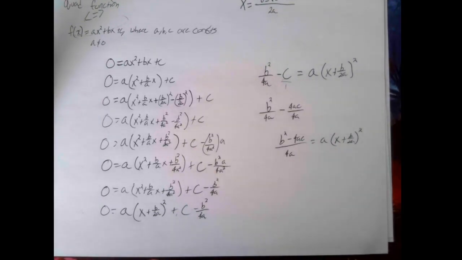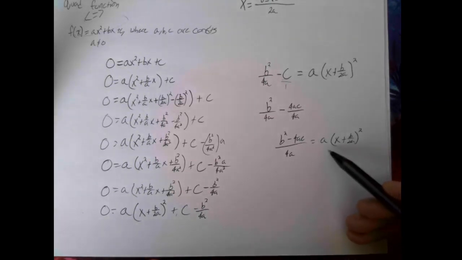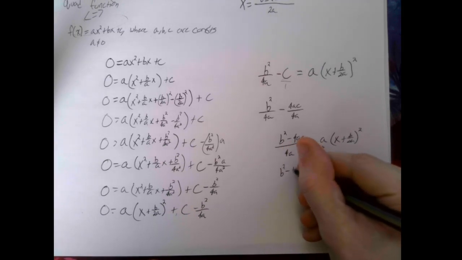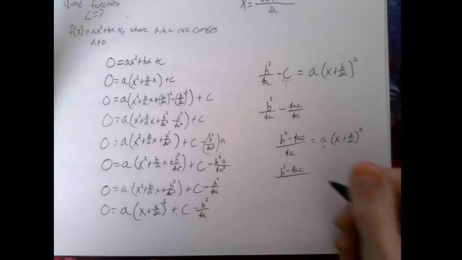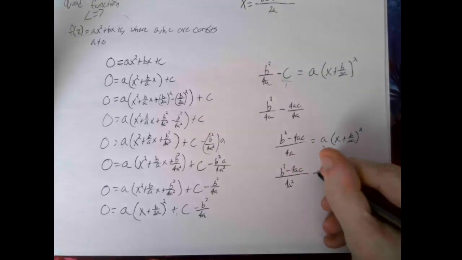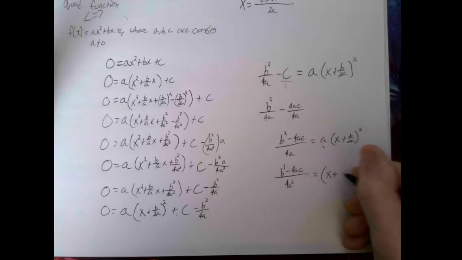Now, we can divide both sides by this a here, and that will give us b squared minus 4ac all over 4a squared equals x plus b over 2a squared.